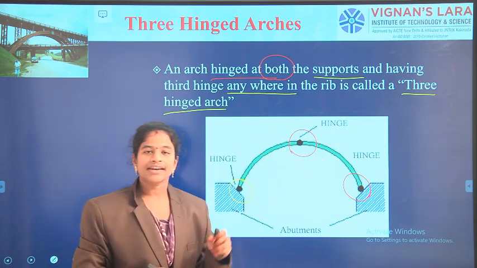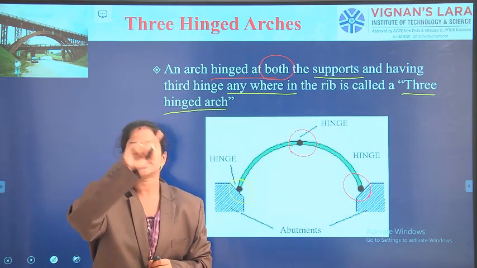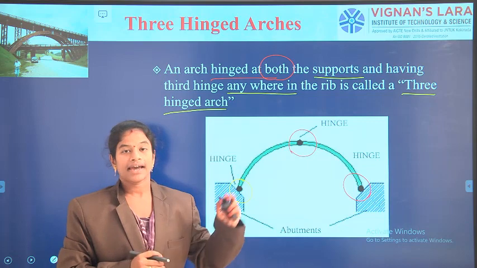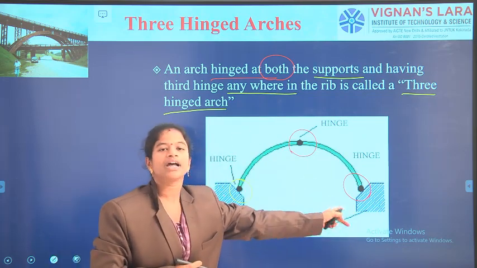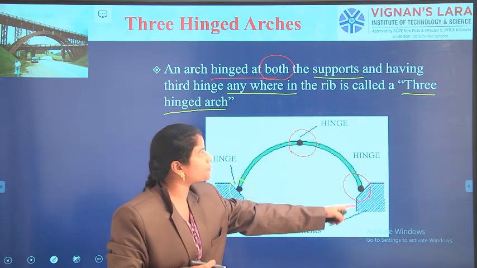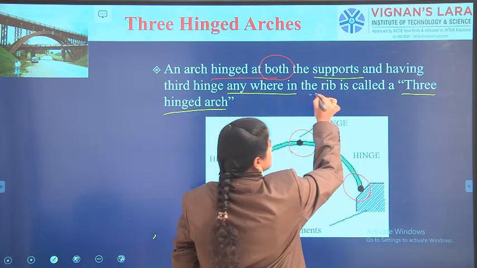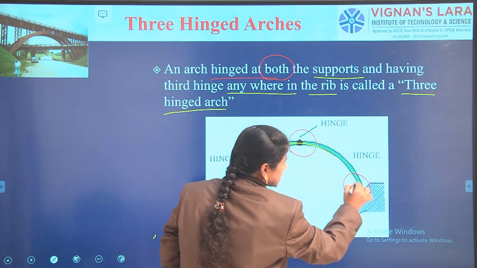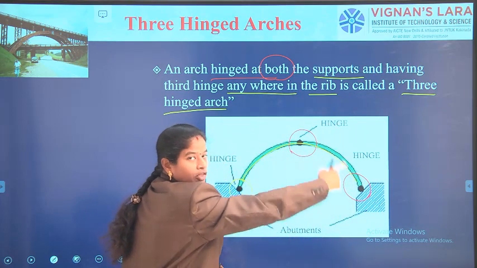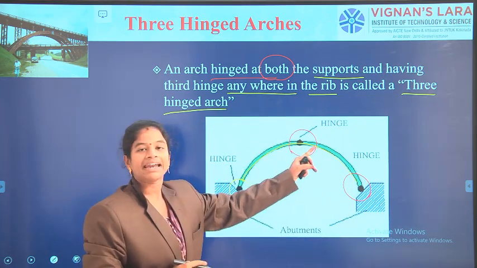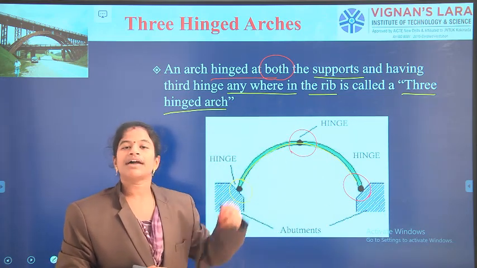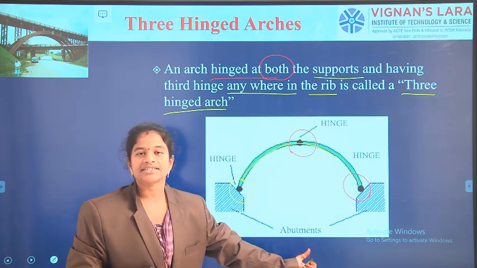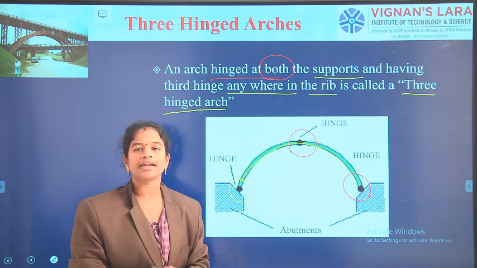Generally, arches are named based on their shape. It has three hinges: two at the supports, and the third at any point on the rib. This portion we call the rib of the arch. These two supports, in structural terms, we call abutments. Abutment is another name for a support.